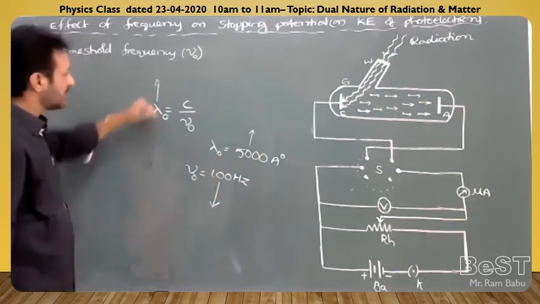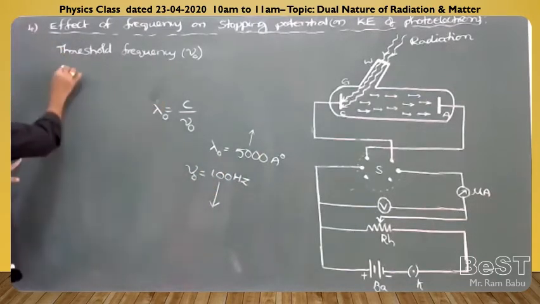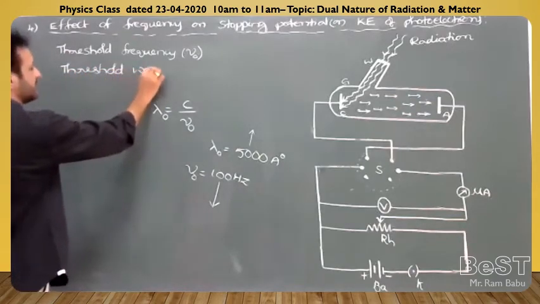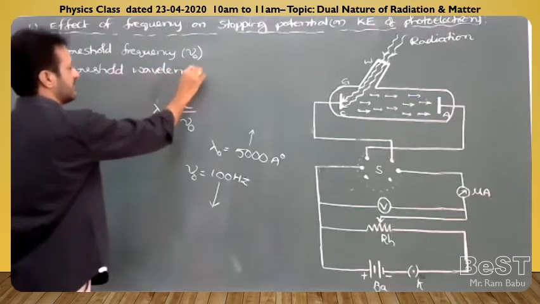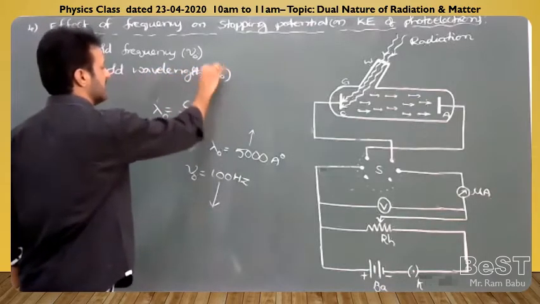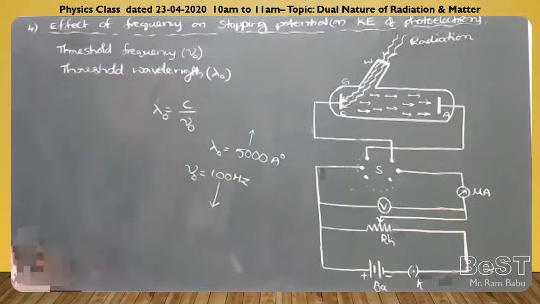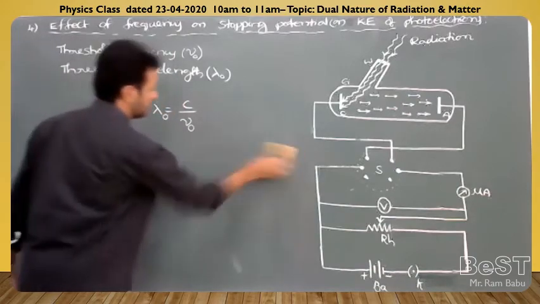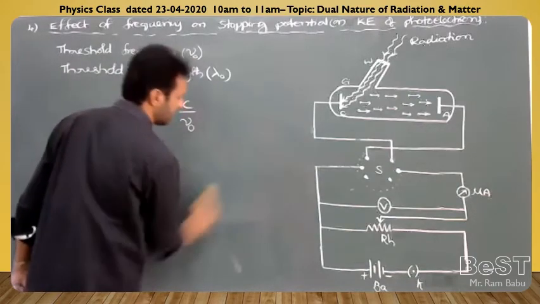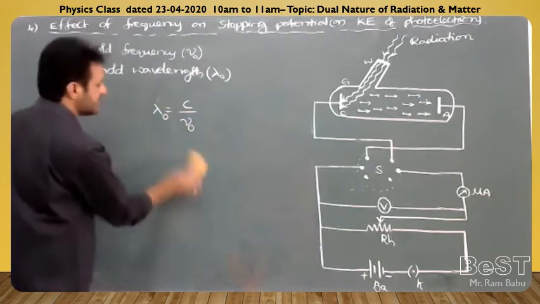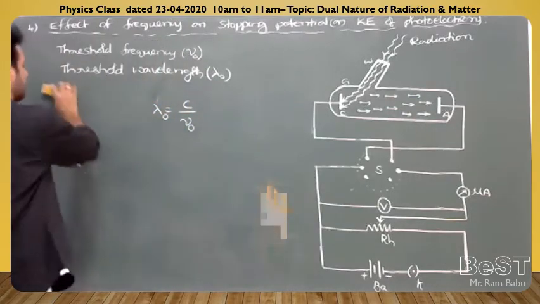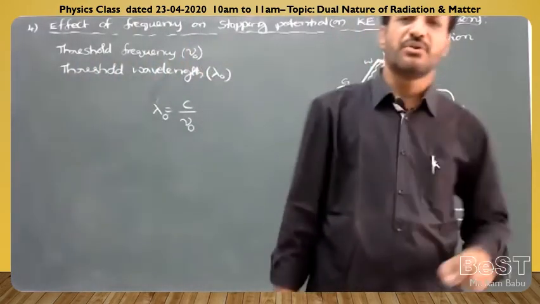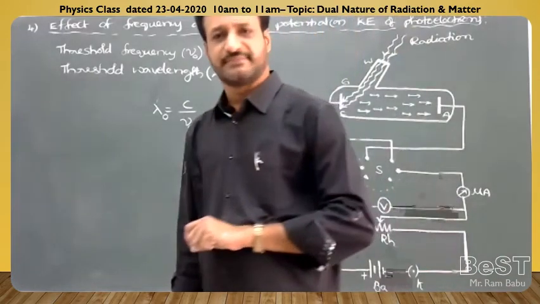So we can say this lambda naught is called the threshold wavelength. The threshold wavelength is the maximum wavelength of incident radiation above which no photoelectrons are emitted.